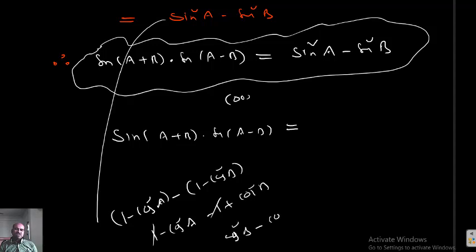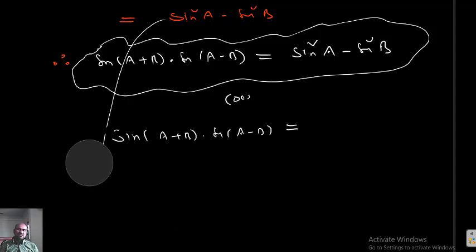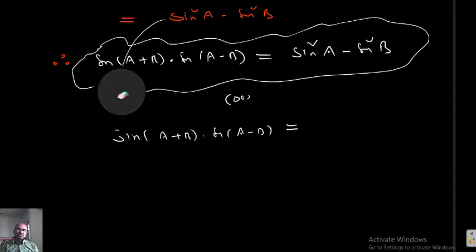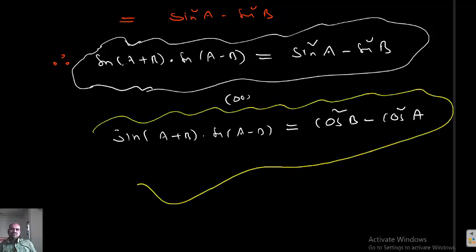Cos square B minus cos square A. Sometimes you want to write the formula in terms of cos. In terms of sin, it is sin square A minus sin square B. In terms of cos, it is cos square B minus cos square A. You should remember this one.